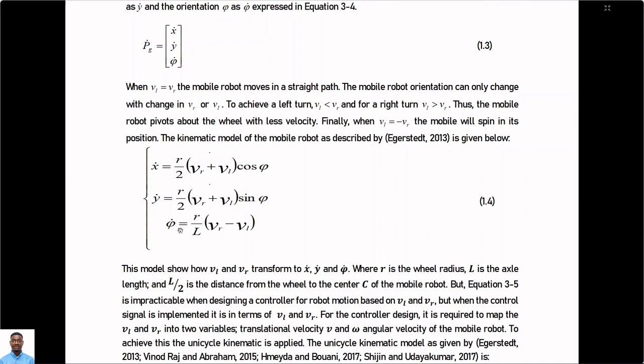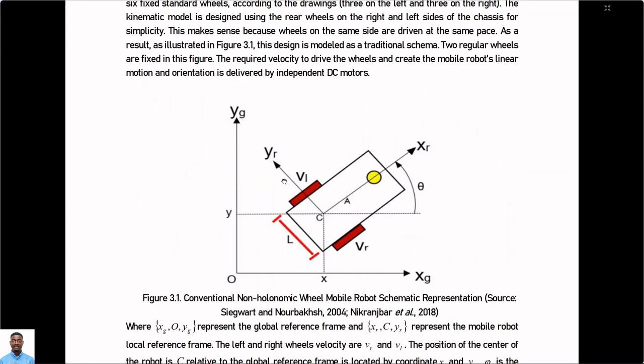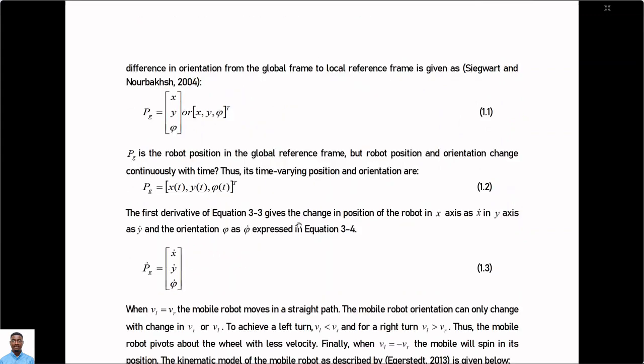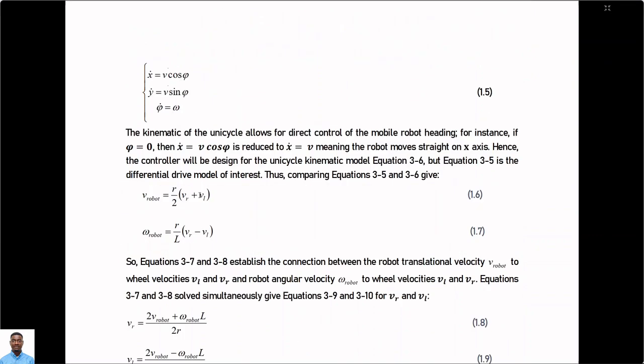And phi dot itself is R divided by L into VR minus VL. So this is the kinematic model for a differential drive mobile robot, obtained by resolving into X and Y components and taking the first derivative to get velocity.